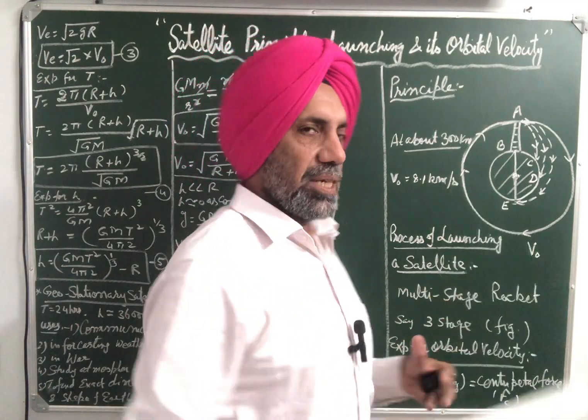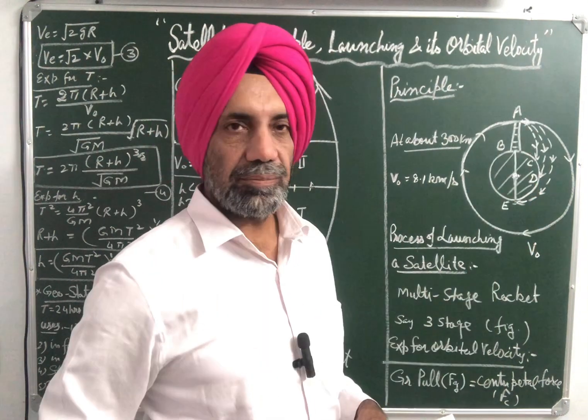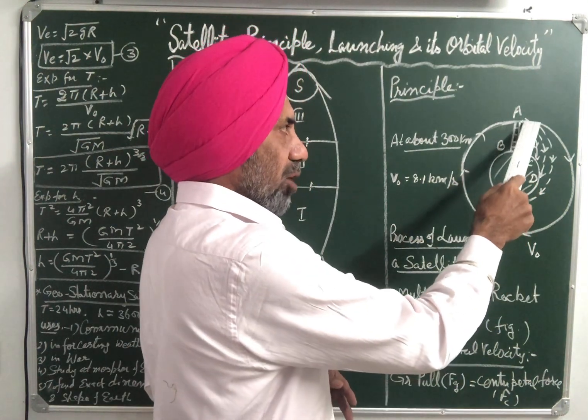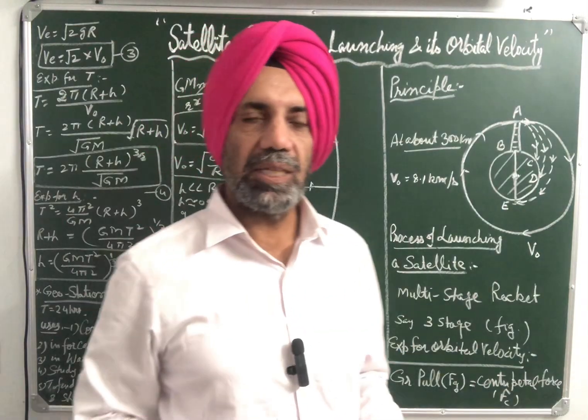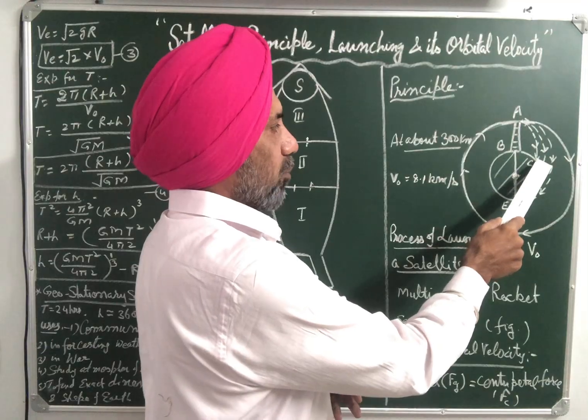What we see is, when you project a body with some initial velocity, it follows a parabolic path and strikes the surface of Earth at point C, say.